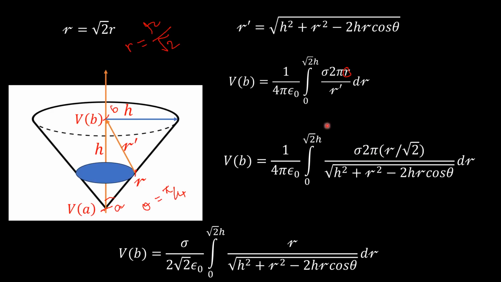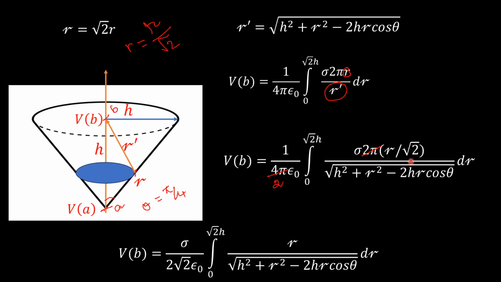I have also replaced this script r prime, which is equal to the square root of h squared plus script r squared minus 2h script r cos theta. Now we can bring some of the terms out. Here you have 2 pi, and this 2 pi will get cancelled with this 4 pi, which will become just 2.